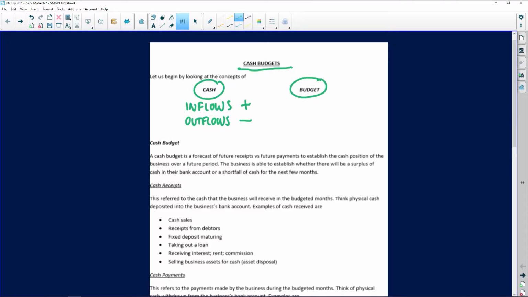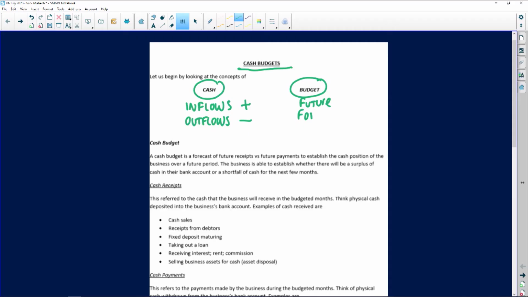Let's now focus on the word budget. When we talk about a budget, we're looking into the future. We're trying to establish what we expect to happen in the future, and the correct term to use is that we're trying to forecast. So what exactly are we trying to forecast?